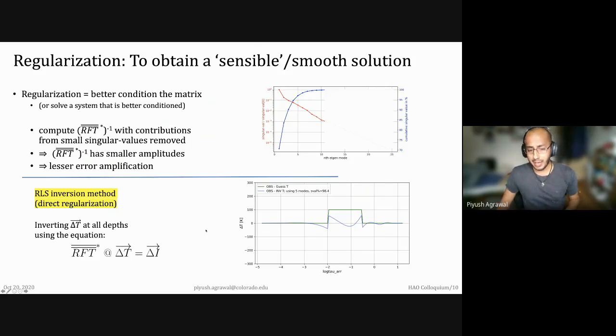The blue curve was constructed using only 5 eigenmodes. If you add a few more eigenmodes to the system, say 8, your error will be amplified, and your solution will be a highly error-amplified solution.